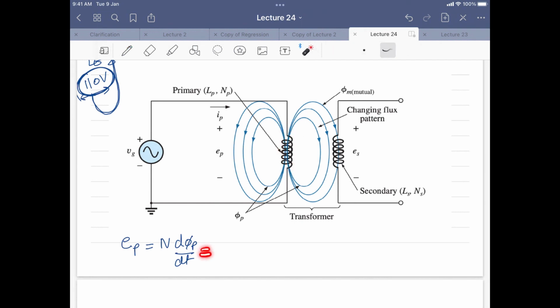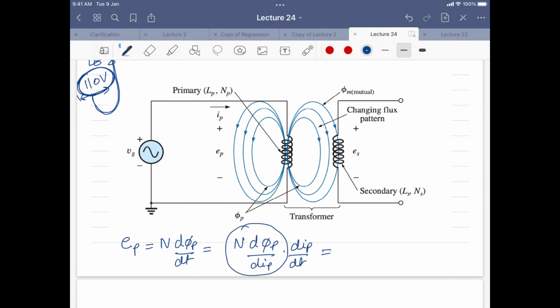I told you already that you can do this adjustment, so this is nothing but the inductance L, L di p by dt. This you already know. This is also called self-inductance.